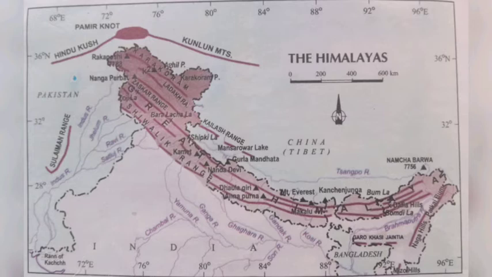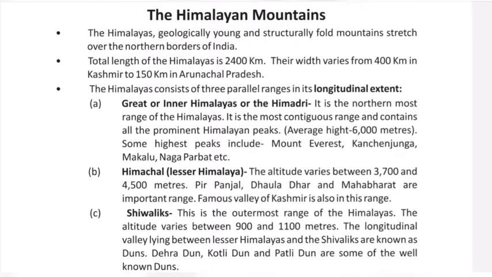The Himalayas consist of 3 parallel ranges in their longitudinal extent. A number of valleys lie between these ranges. The northernmost range is known as the Great or the Inner Himalayas or the Himadri. It is the most continuous range consisting of the loftiest peaks with an average height of 6,000 meters.